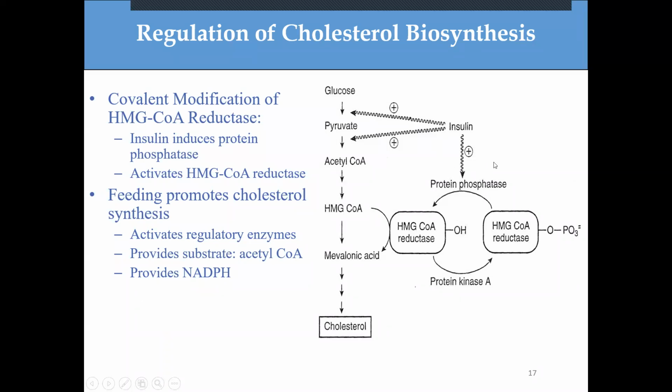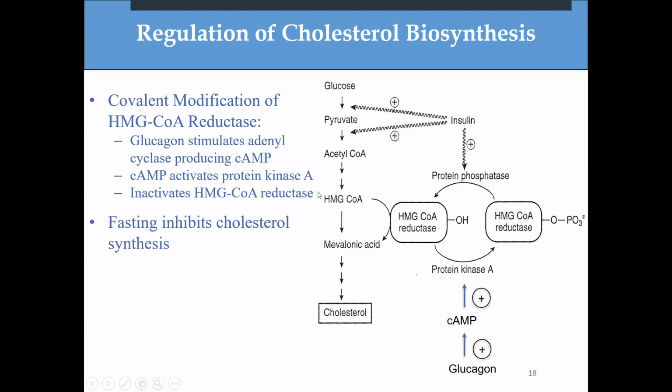So, what insulin will do is, as insulin goes up, it will activate the enzyme HMG-CoA reductase, which allows you to make more cholesterol. So as we said, glucose goes up, that makes insulin go up, which activates HMG-CoA reductase by dephosphorylating it, by removing this phosphate here. And then you will make more cholesterol.